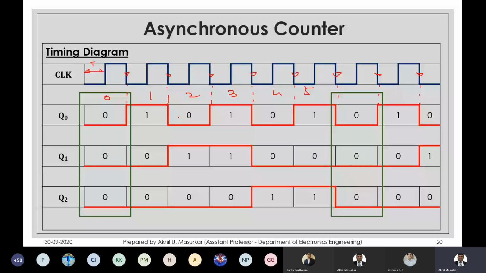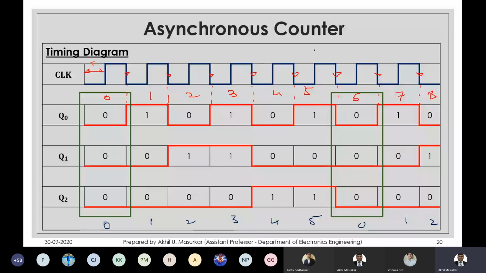At the sixth clock, my output becomes 0, then again it becomes 1. So actually the counter counts 0, 1, 2, 3, 4, 5, and after 5, it again counts 0, 1, 2.